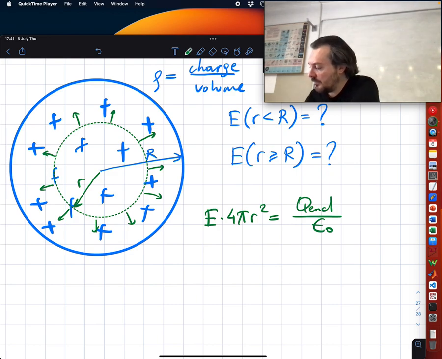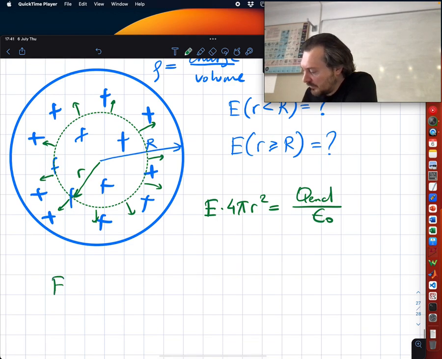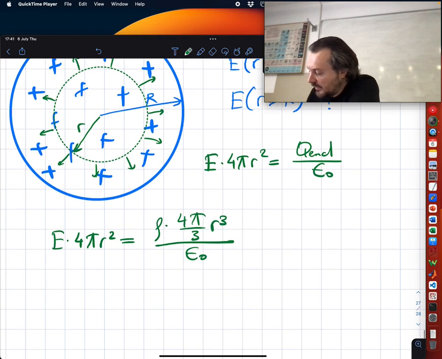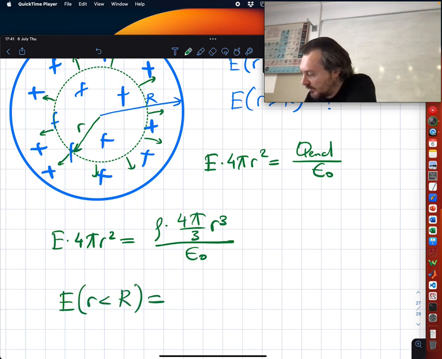Rho times the volume inside of the Gaussian surface. So 4 pi over 3 r cubed, small r cubed, right? So electric field inside the sphere is going to be rho r over 3 epsilon 0.